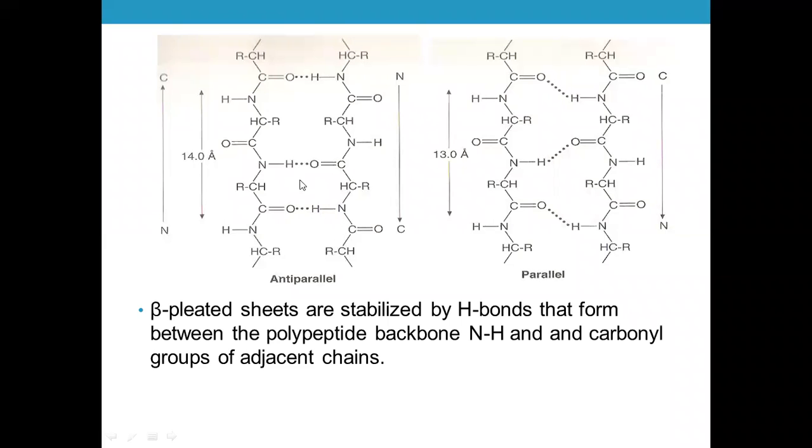You have a hydrogen bond here, you can have a hydrogen bond here, and you can also have a hydrogen bond here. So between these two sequences of amino acids, it will actually give rise to beta pleated sheets, stabilized again by the polypeptide backbone, your amino acid sequence residues.